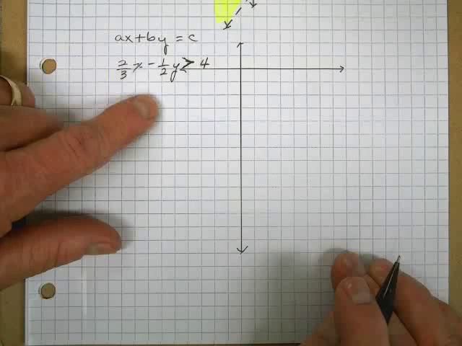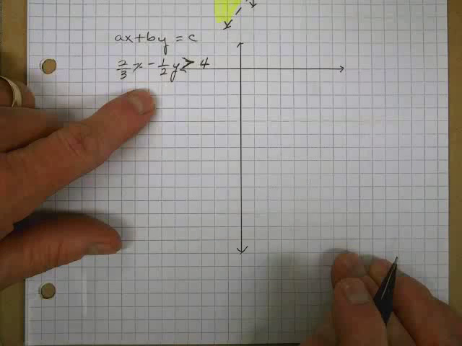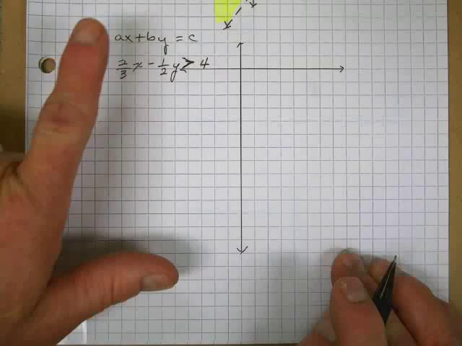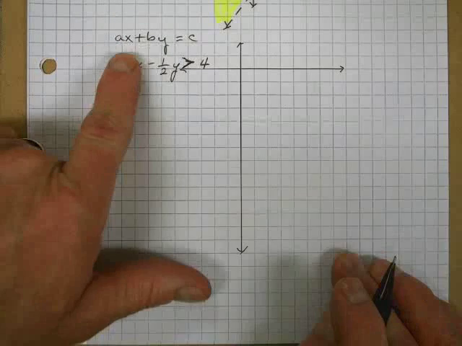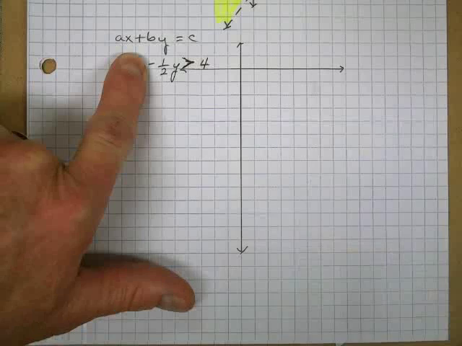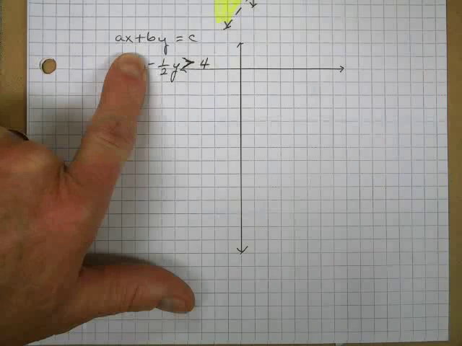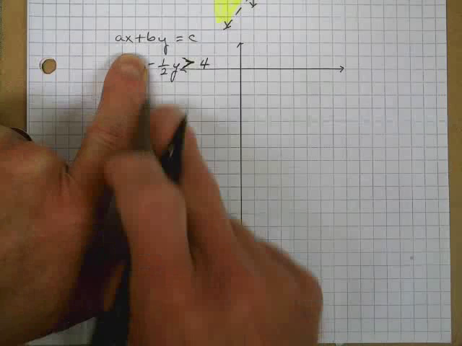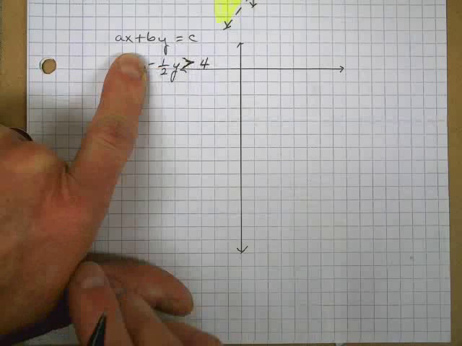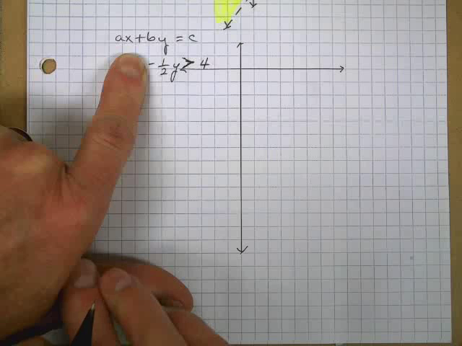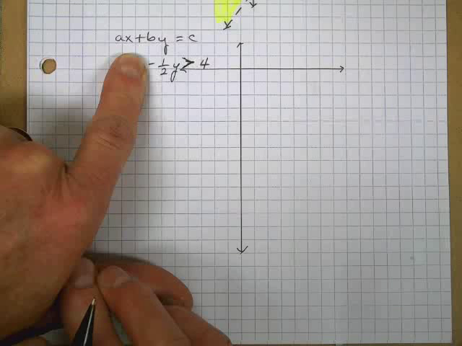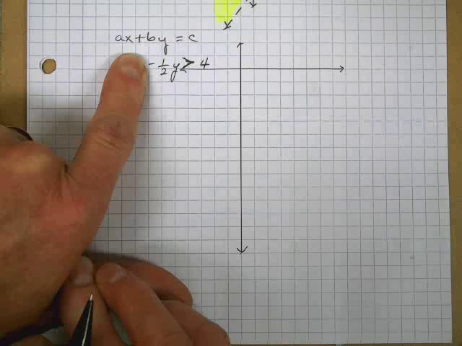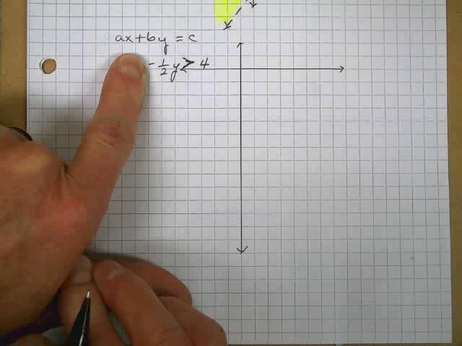All right. So let's start with the y-intercept for this particular inequality. I'm going to use my finger and cover the part of our expression on the left of the inequality that includes the x variable and its coefficient, and I'm left with negative 1/2 y is greater than 4. So if I solve this inequality, I need to multiply both sides by the inverse of negative 1/2, which would be negative 2.